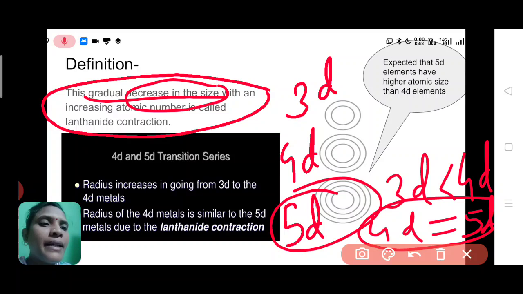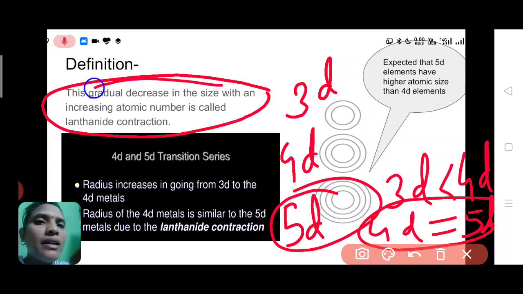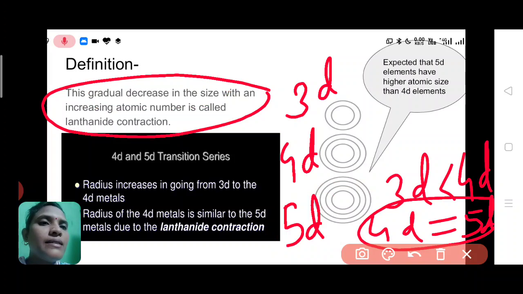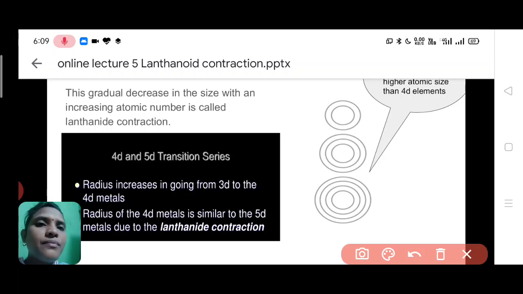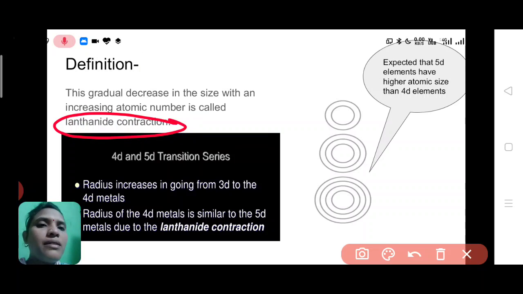It is expected that 5D elements should have larger atomic size, but it is similar to 4D. So this confirms that 5D are showing gradual decrease in size, and this gradual decrease in size is nothing but lanthanoid contraction. This is called lanthanoid contraction.